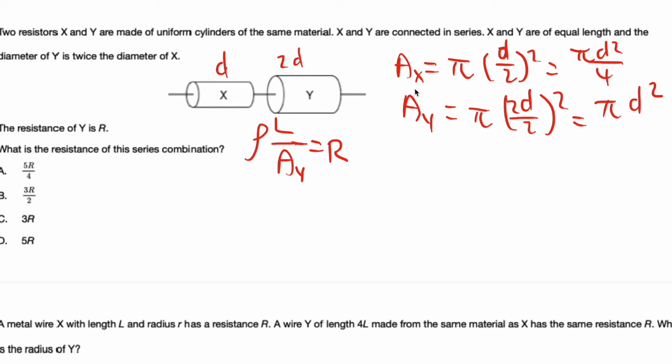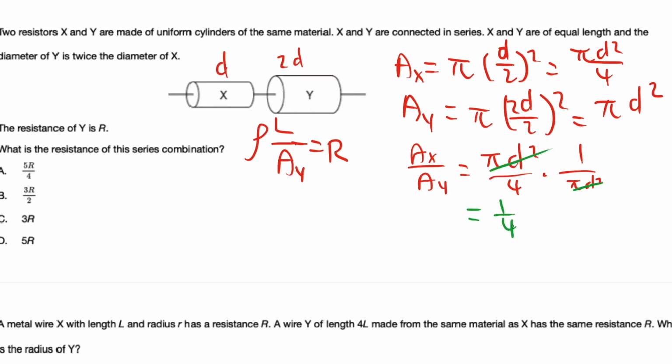So A_X over A_Y is going to be equal to pi D squared over 4 times pi D squared, 1 on the top. So here we'll cancel. So this is going to be equal to 1 over 4.